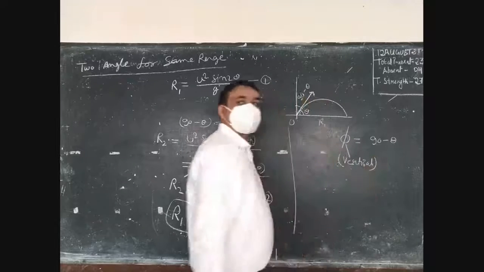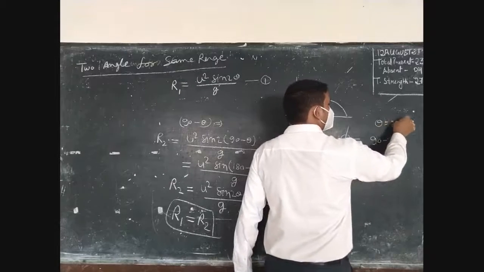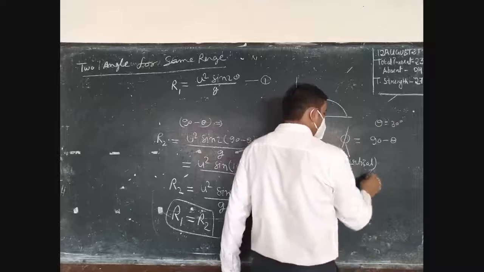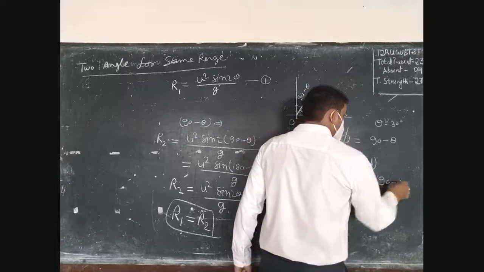Vertical angle. Okay, and you have theta equal to 30 degrees. So this is equal to how much? 90 minus 30 is 60.